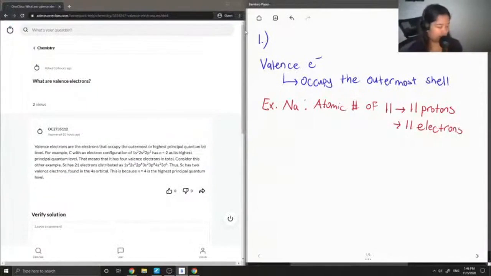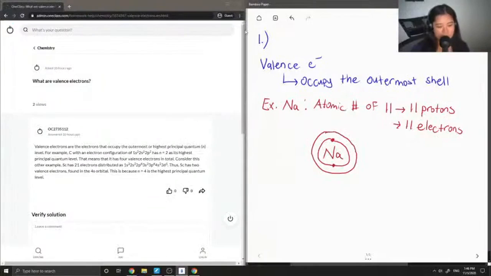Since we need 11 electrons, I'm going to draw out this diagram of sodium. The first shell only contains 2, and then the shells after that will all contain 8. So we have 2, 3, 4, 5, 6, 7, 8, 9, 10.